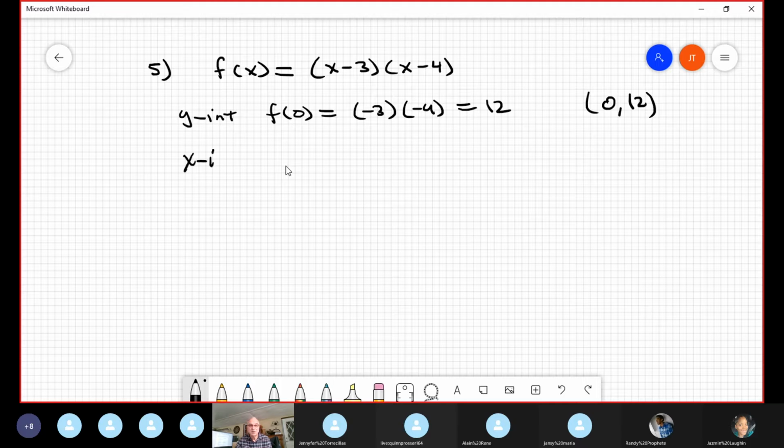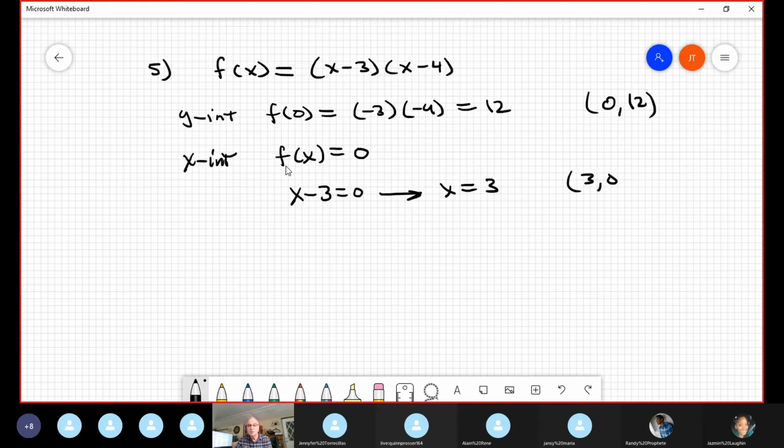The x-intercepts are super easy because we have 2 real factors. f of x equal to 0: you break it down in 2 pieces. x minus 3 equals 0, x equals 3, the ordered pair is 3, 0. And x minus 4 equals 0, x equals positive 4. So 3 positive and 4 positive are the x-intercepts, and the y-intercept is positive 12.